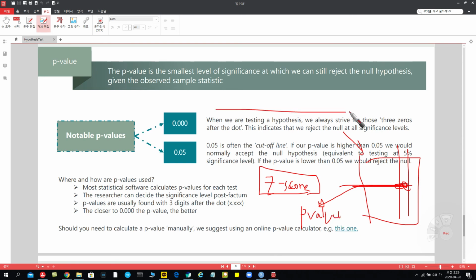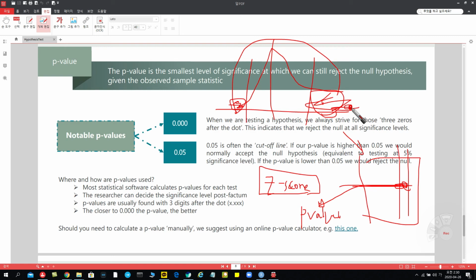The p-value is like this. This is a normal distribution. As you see, in the case of a two-sided test, these two parts of the normal distribution are the rejection region, right? So we get a z-score. If our z-score is in this rejection region, we reject the null hypothesis. So the p-value would be here. Assume that the null hypothesis is right.